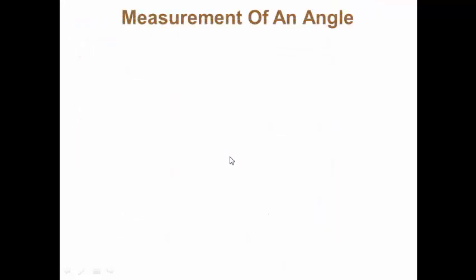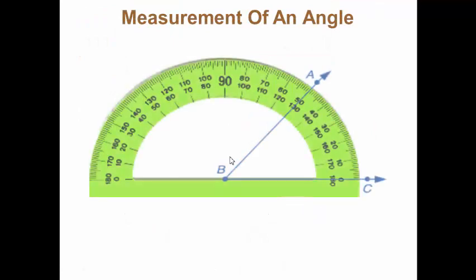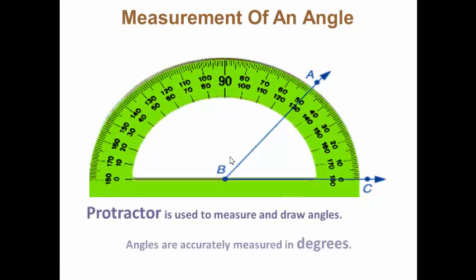So now, measurement of angles. How could I measure the angle? I think it's not a new thing to see this tool. We have this tool which is called a protractor.